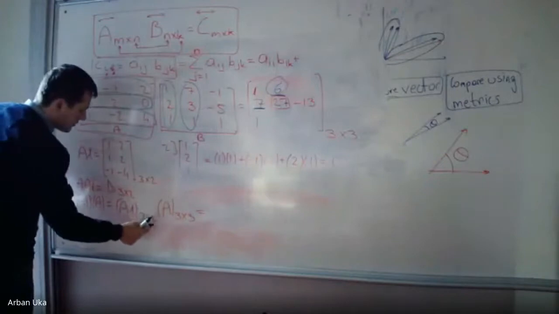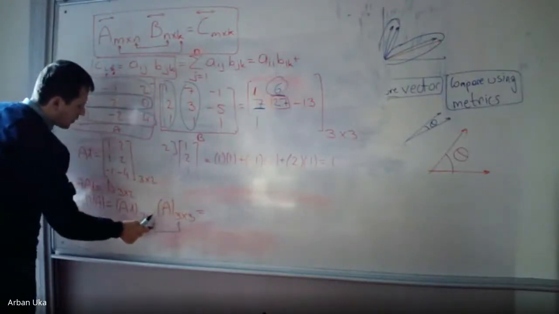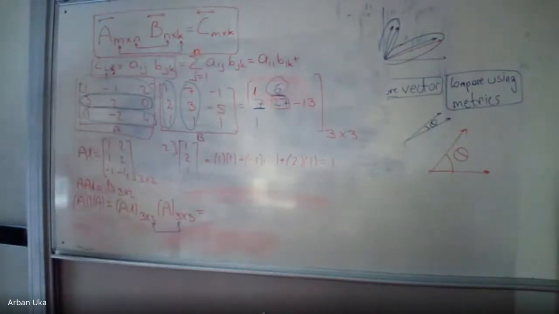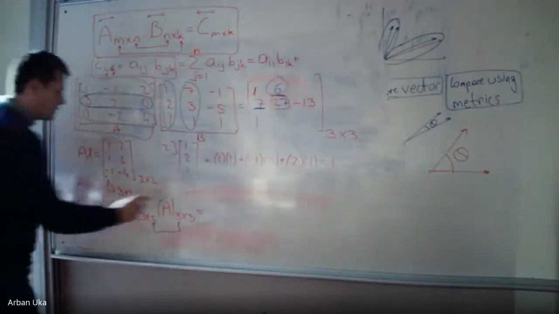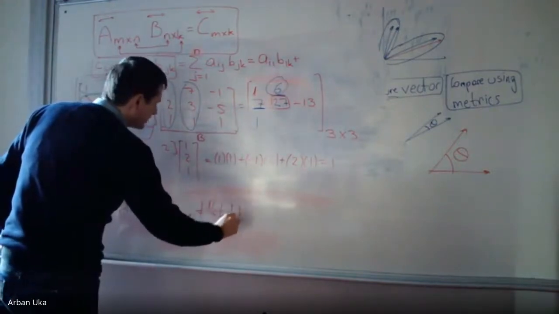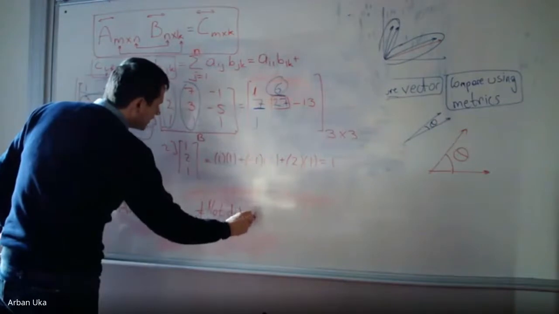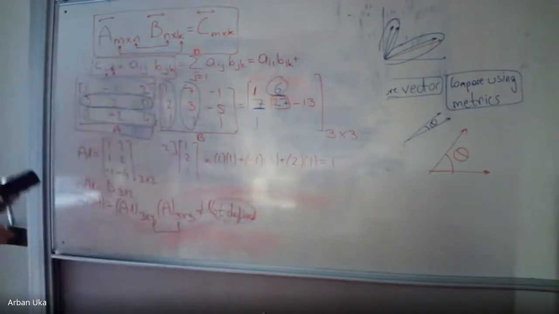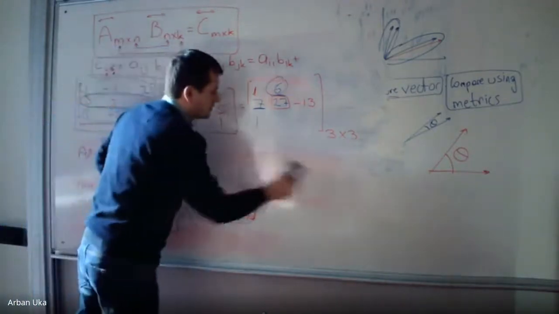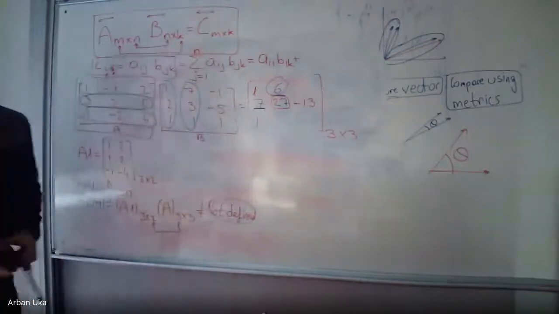It cannot be defined. That's true. So this is not defined because the number of columns here is not equal to the number of rows. We cannot match every pair of numbers. So here we just say not defined. Nobody can find it. Maybe someone in the future might show up. So this is how we do the matrix multiplication.